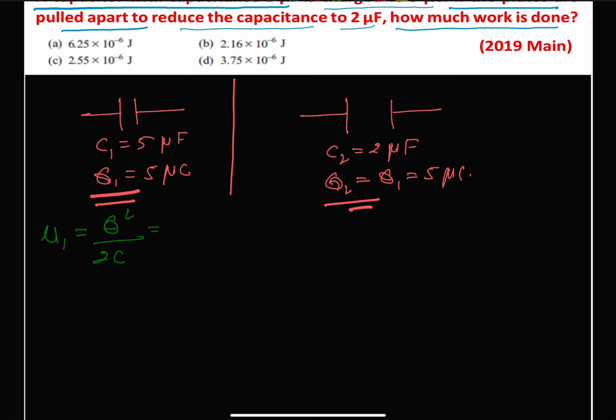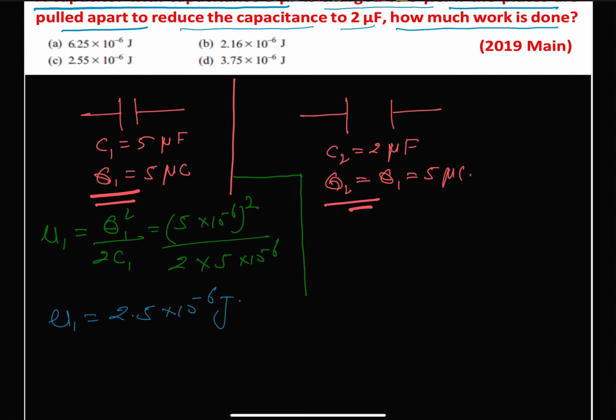Let's suppose that is U1, which will be equal to Q square divided by 2C, and Q is our 5 microcoulomb, and this is C1, Q1, and we have this as 5 into 10 to the power minus 6 whole square divided by 2 into 5 into 10 to the power minus 6, and we get that our U1 is equal to 2.5 into 10 to the power minus 6 joules.